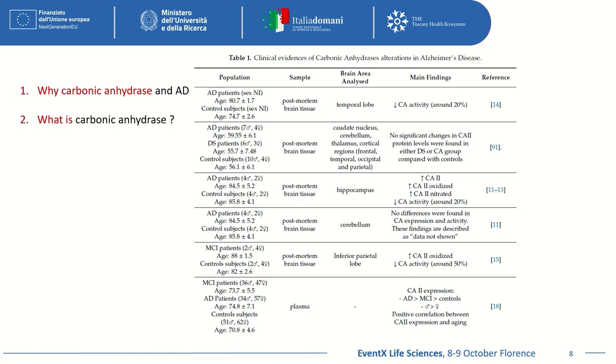There are data in post-mortem patients for which the levels were measured. The enzyme which is present was also shown to be nitrated or oxidized. This leads to impairment of its functioning. And also the plasma levels in some patients still living with this disease showed that there is a decrease.